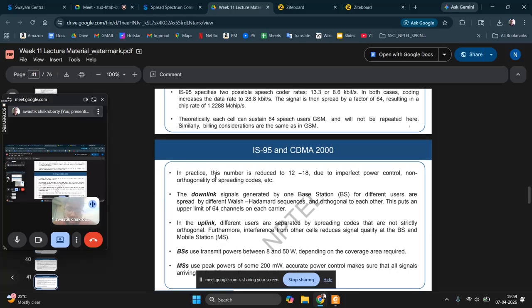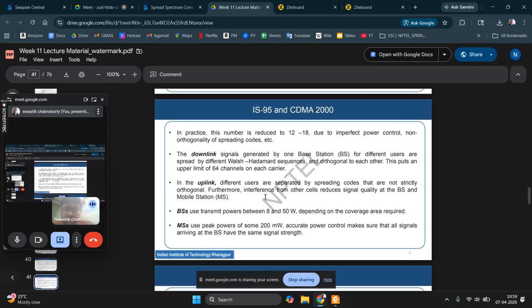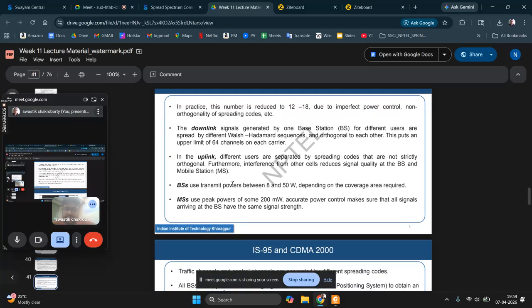Okay, so the downlink signals generated by one base station for different users are spread by different Hadamard sequences. In the uplink, different users are separated by spreading codes that are not strictly orthogonal. So in the downlink, of course, the separation is much more strict.